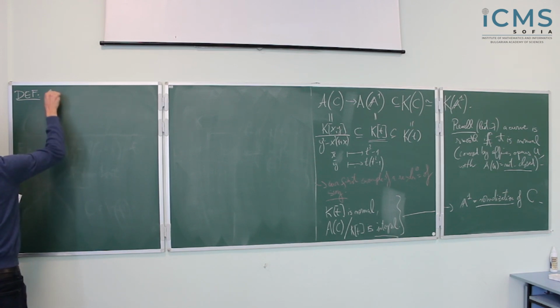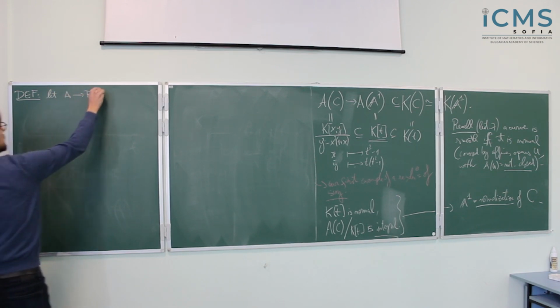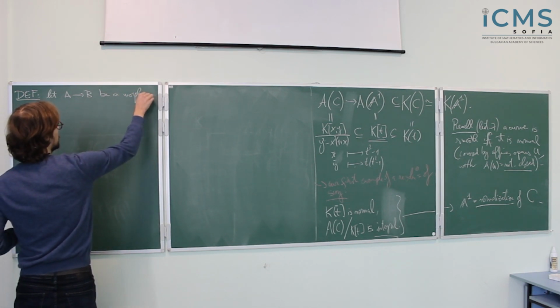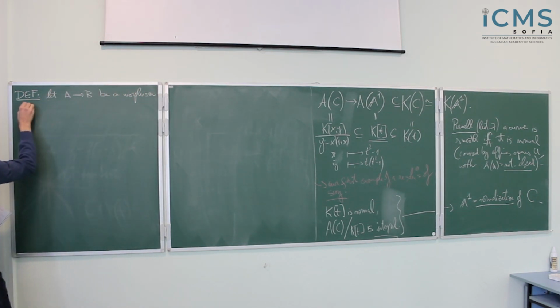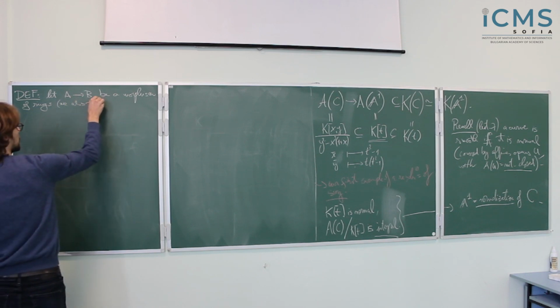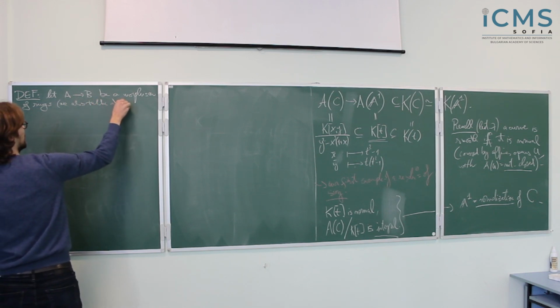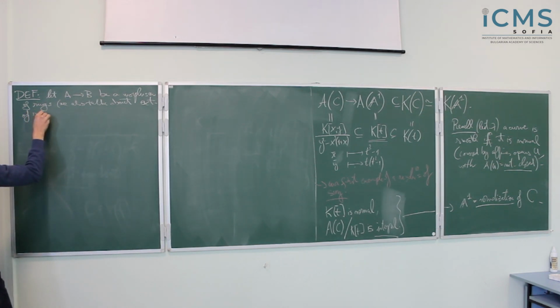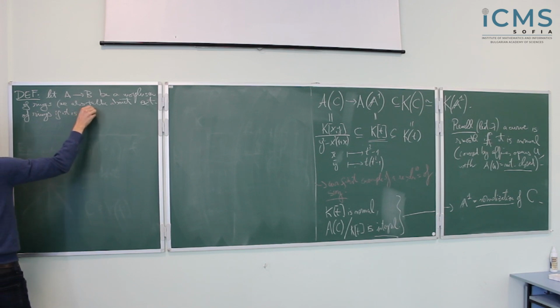Let A to B be a morphism of rings. We also talk about an extension of rings if it is an inclusion.